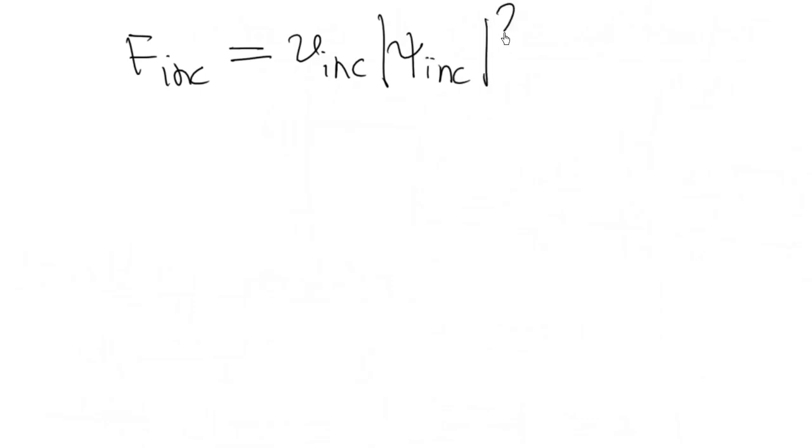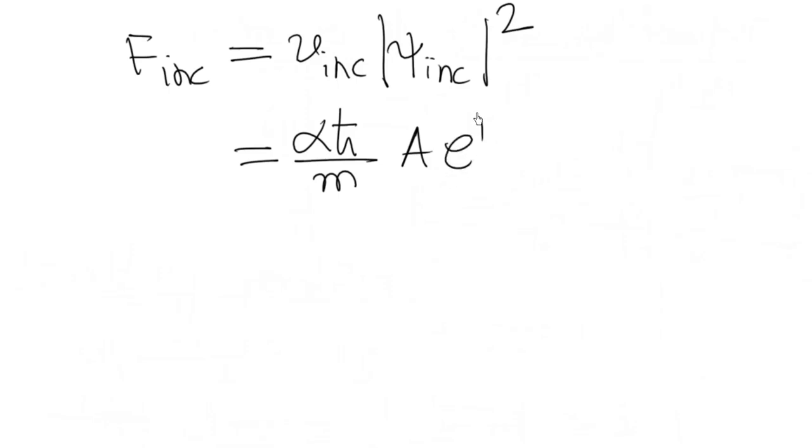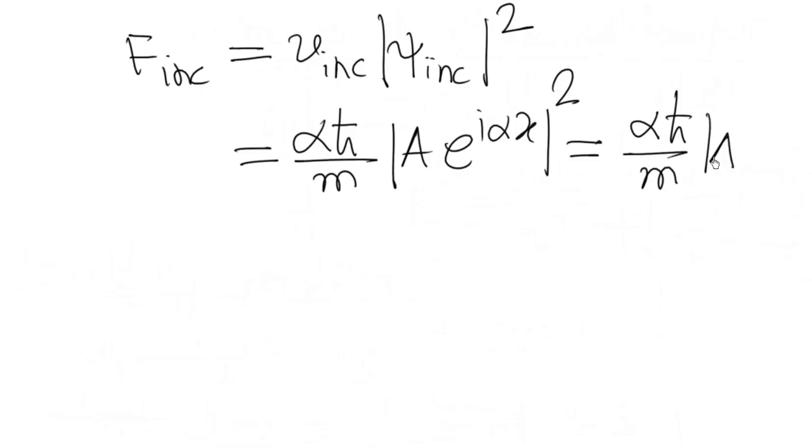Okay, so the incident flux is v incident times the modulus square of the incident wave. This is alpha h-cut by m, and A e to the power i alpha x modulus squared. This will be alpha h-cut by m times modulus of A squared.